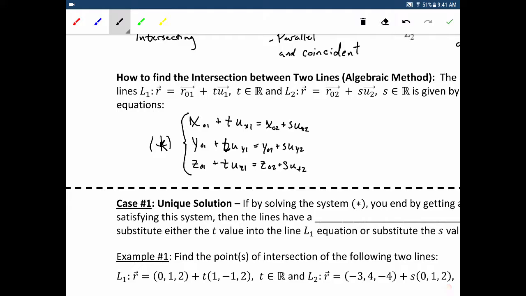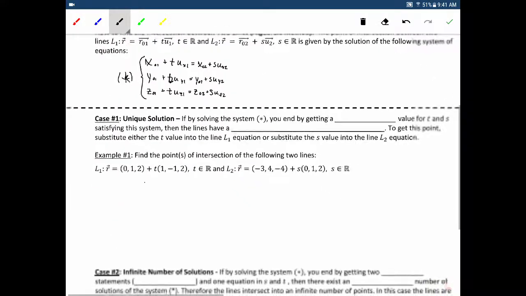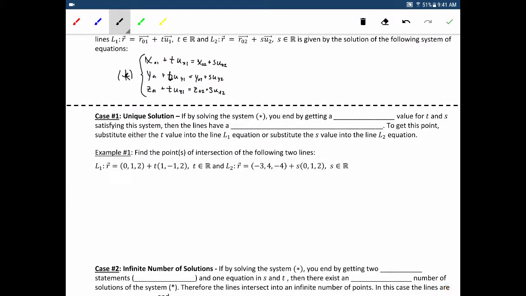Okay. So let's take a look at the different options. The first one is a unique solution. So this was that first one we looked at, where there's just two lines and they're intersecting.